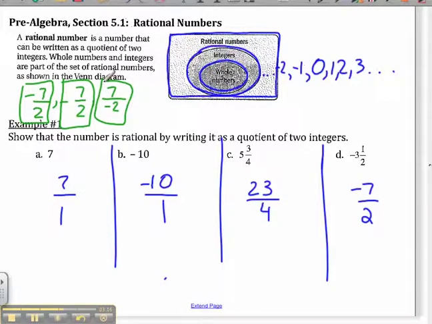And the reason is because it helps us a lot with graphing. Later on, when we're doing some graphing of linear functions, it helps us with the slope, that kind of stuff. So we're going to make it our habit to put the negative sign on top. What we can't do is put it on top and bottom, because that's a negative over a negative, and it just makes it a positive, and that would be bad.